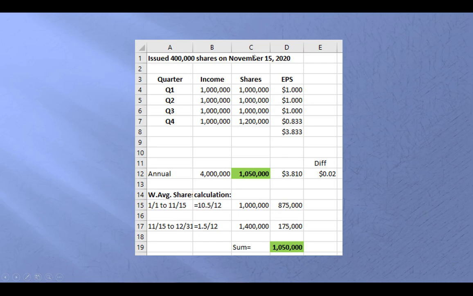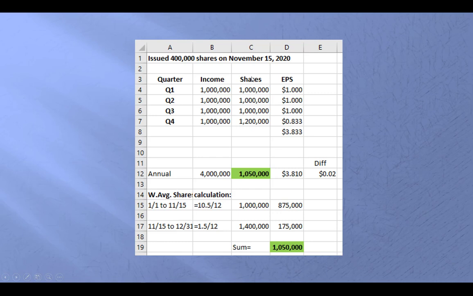So I have 1.2 million shares outstanding on average, weighted average. It is 1 million for the first 6 weeks and 1.4 million for the last 6 weeks. Average of 1 and 1.4 is 1.2. Earnings per share, 83 cents.